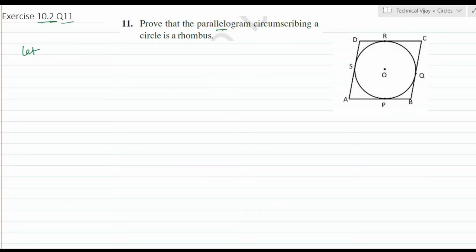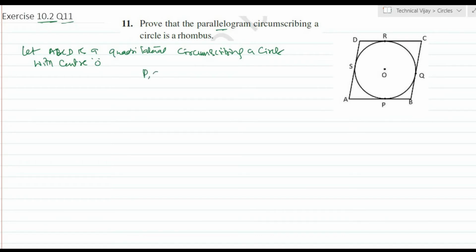Let ABCD be a quadrilateral circumscribing a circle with center O. The circle touches the sides of the quadrilateral at points P, Q, R and S. Now we have to show that this parallelogram is a rhombus.